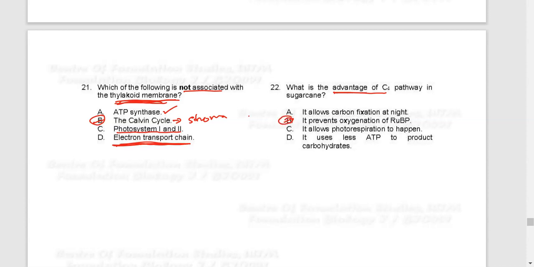C4 plants have two types of carbon dioxide receptors, RUBP and PEP, and use two different enzymes, PEP carboxylase and RUBP carboxylase, or Rubisco. This prevents photorespiration, where Rubisco binds to oxygen instead of carbon dioxide. So the answer will be B, to prevent oxygenation of RUBP.